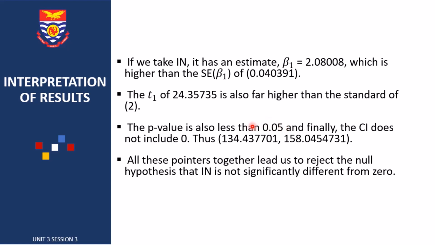So here 134.43 represents the constant parameter minus the t statistic term, and this is the constant parameter plus the t statistic term, indicating that we have a value which does not lie at 0, because 134.43 and 158 do not lie on 0. So we don't have any negative value here, which indicates that this value is also significant.